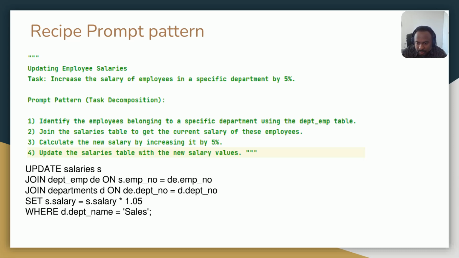The first one is identify the employees belonging to the specific department using the department employee table. Join the salaries table to get the current salary of these employees. Calculate the new salary by increasing it by 5%. And update the salaries table with the new salary values. So these are the four steps given in the prompt, and the LLM generates the update statement based upon these four steps, which is very detailed. It also executes it, depending on whether you want to execute it or not.